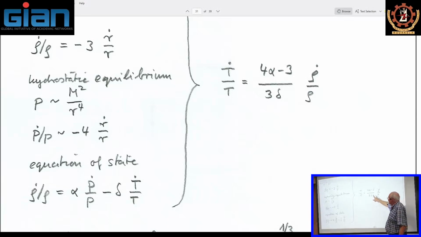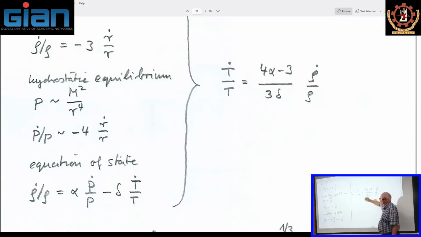Now, let's have a look at what happens. The denominator will change sign at which value of alpha? Alpha equals 3/4, then T dot over T is 0. So we have a change of sign.